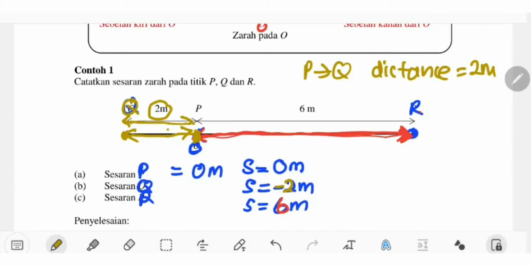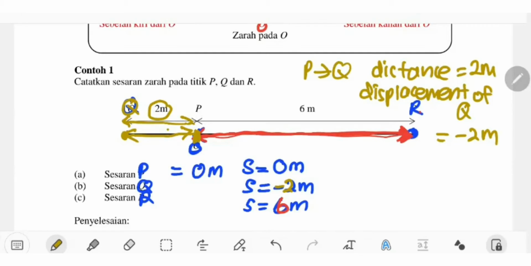Tapi bila displacement of Q, jawapan dia negative 2 meter. Boleh ya? Do you understand? Boleh? Okay, next.